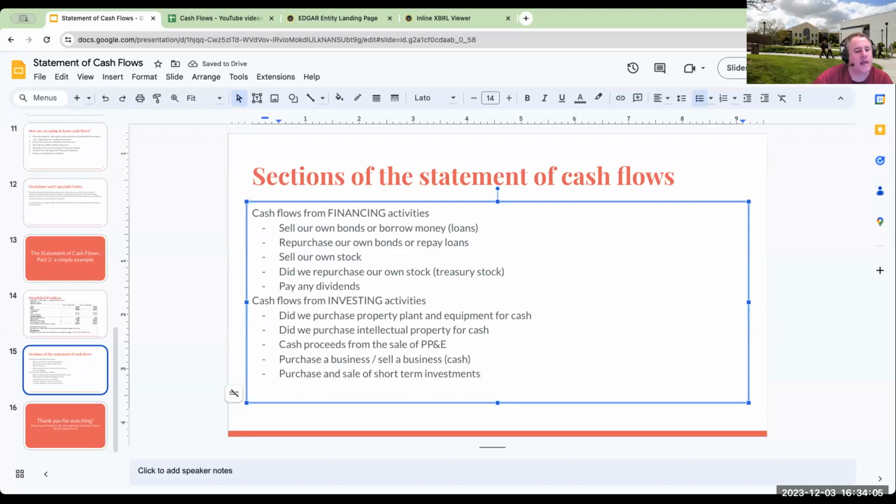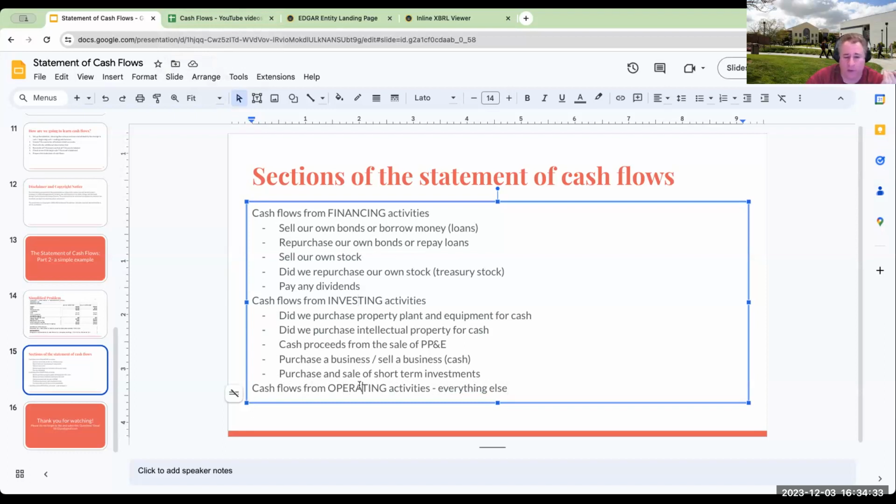Basically, what was the cash used in the purchase or sale of short-term investments? Cash flows from operating activities is pretty much going to be everything else, and we'll look at that as we're preparing the statement of cash flows. So these are the sections of the cash flows: financing, investing, operating.